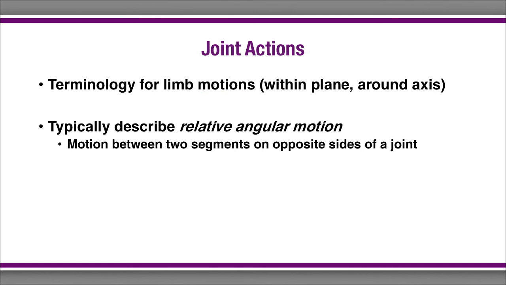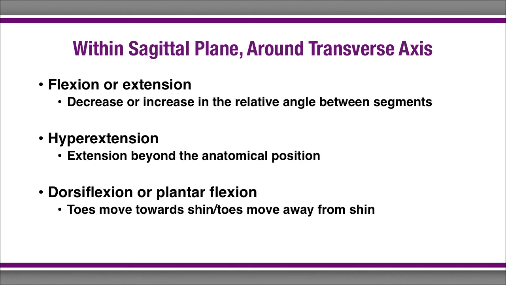Joint actions are typically described as relative angular motion. So we have one segment relative to the other, for example, the forearm relative to the humerus. So this is motion between two segments on opposite sides of a joint.